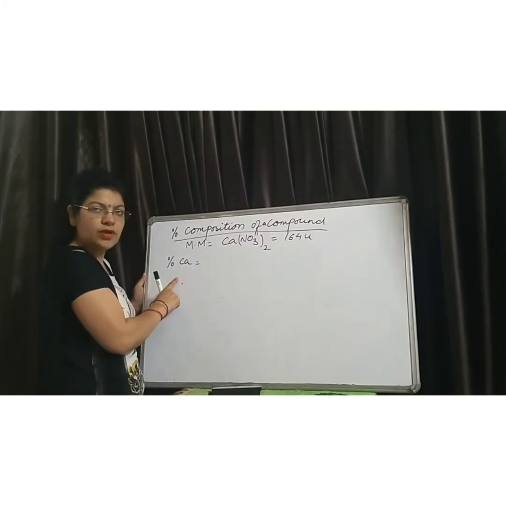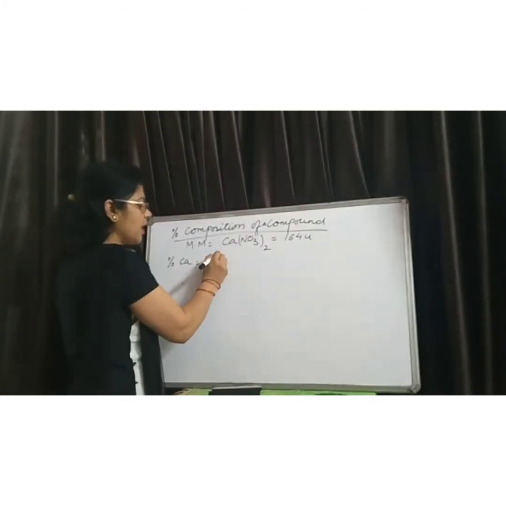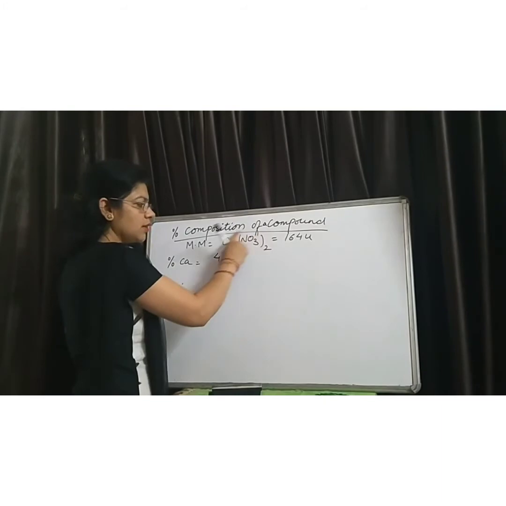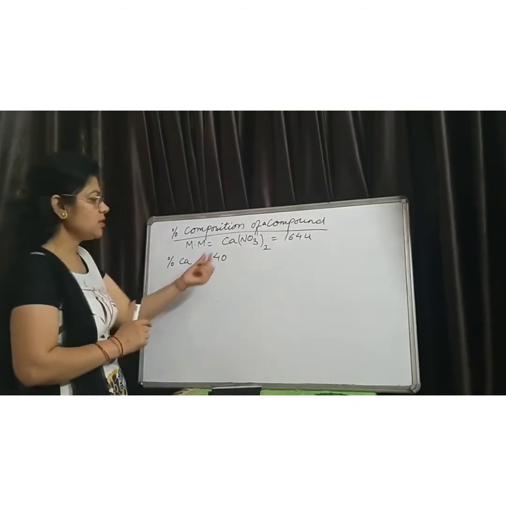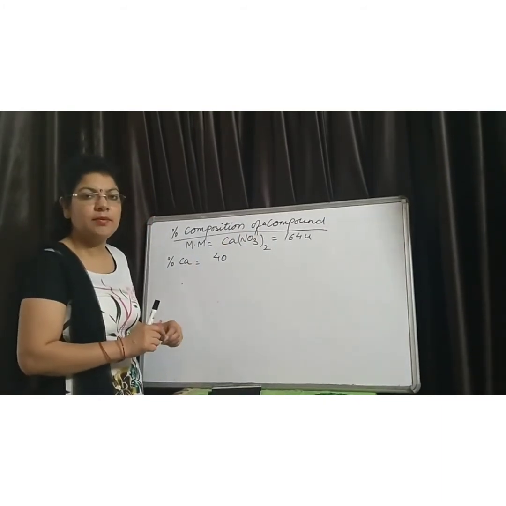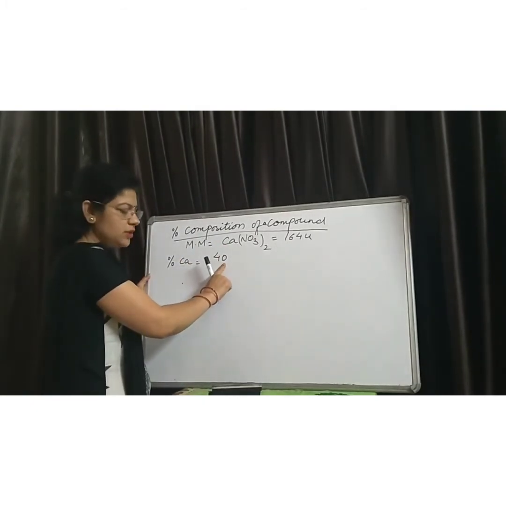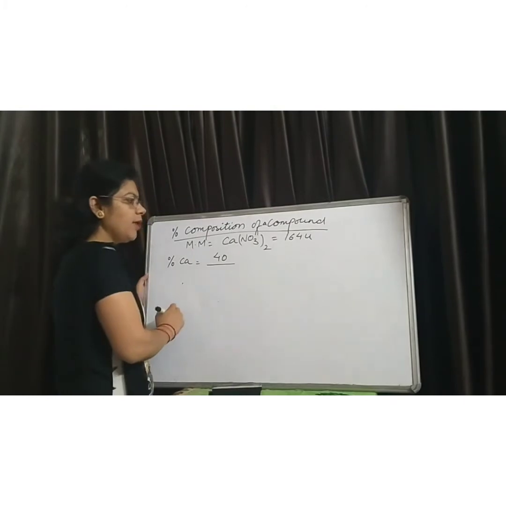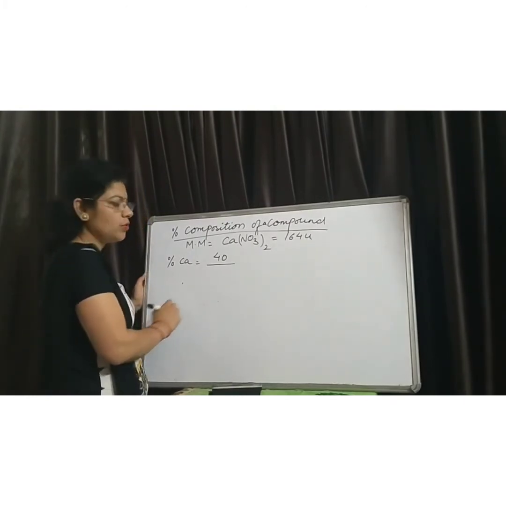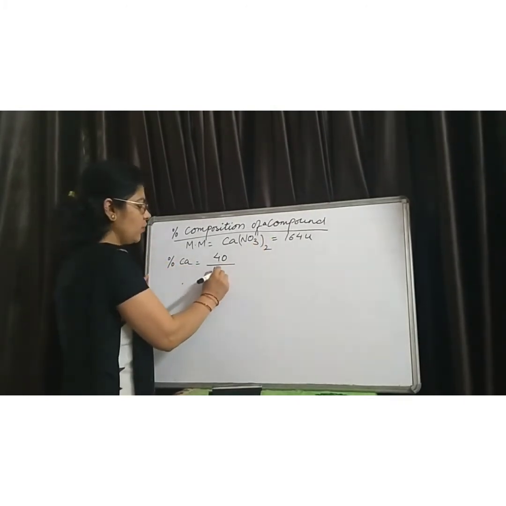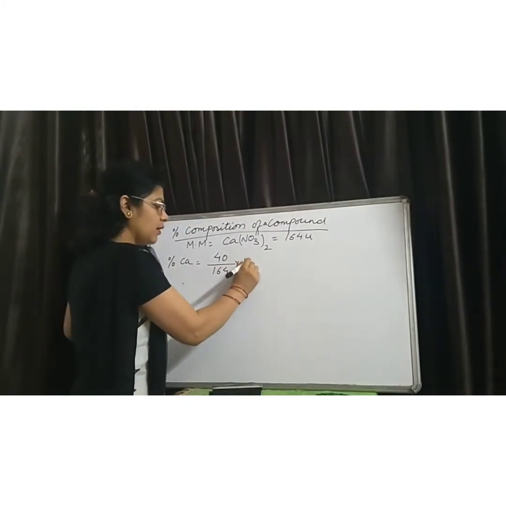For percentage of calcium, we put the mass of calcium present in this compound, as only a single atom of calcium is present. So the atomic mass of calcium, that is 40, divided by total mass or molecular mass, that is 164, multiplied by 100.